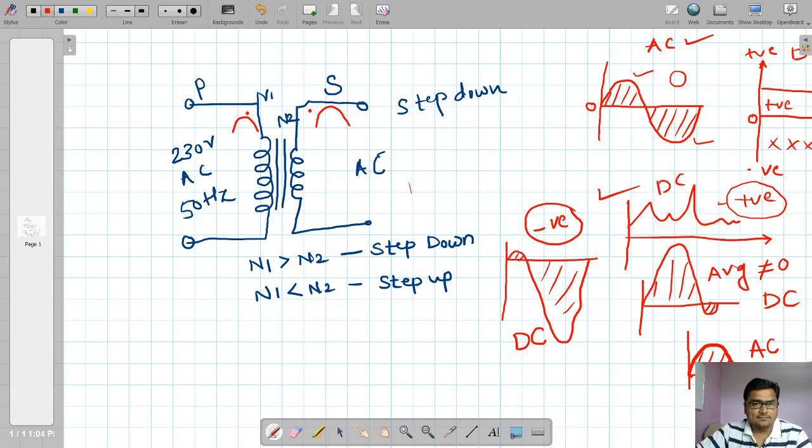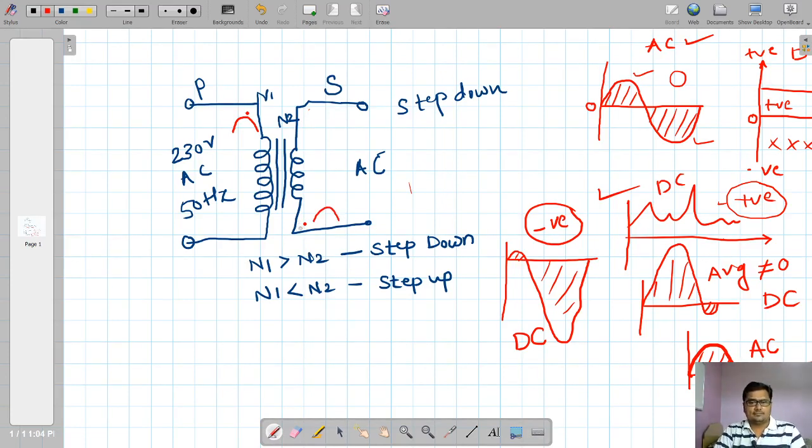Sometimes you will find this dot here at the bottom. What does it mean? Okay, let me rub the first one. Now, what does it mean? It means if at the input side a positive half cycle is there, then this positive half cycle is available at the bottom of the secondary.